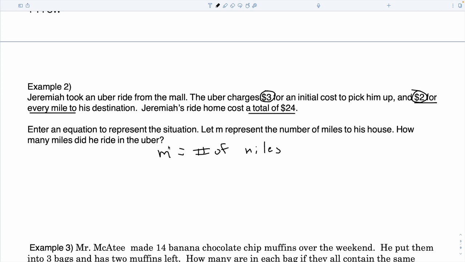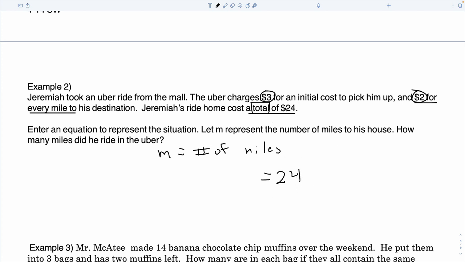First thing you're doing is identifying the variable and where the equal sign is. What should this entire thing equal in the very end of the problem? Total of 24 tells you that it's equaling 24. There's no is in this one, but there is a total, which clues me into the equal sign. Next step, I have variable, I have the equal sign, I have a 24.